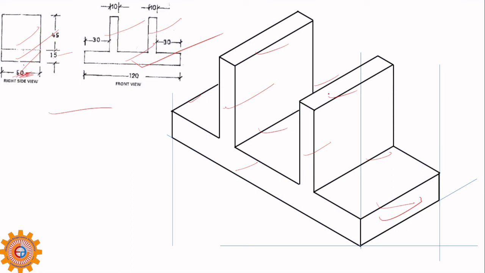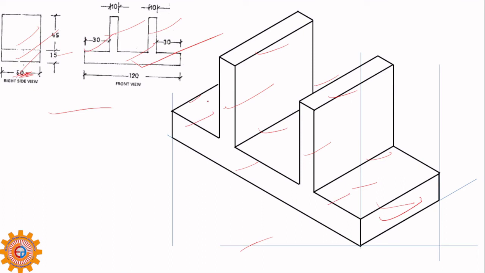If you draw, all these reference lines must be very light. If you draw more number of lines, there is a chance of ambiguity, doubts, and you are unable to visualize what the figure is going to get. Understood? So this length is 30, this length is 30.